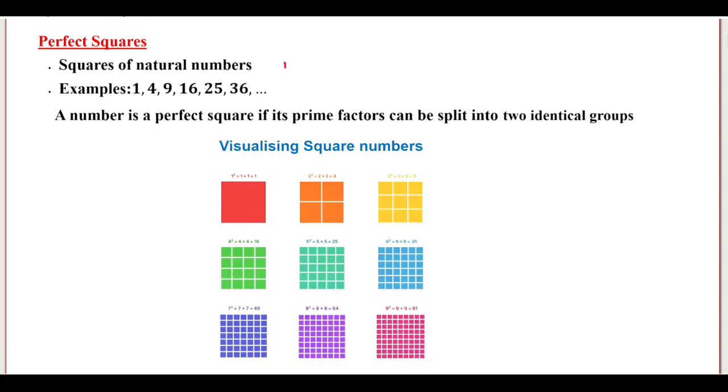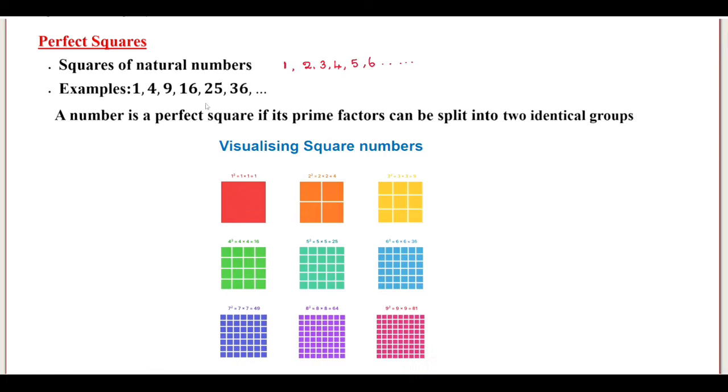Natural numbers start from 1, 2, 3, 4, 5, 6, and so on. Taking the squares, 1 square is 1, 2 square 4, 3 square 9, 4 square 16, 5 square 25, 6 square 36.